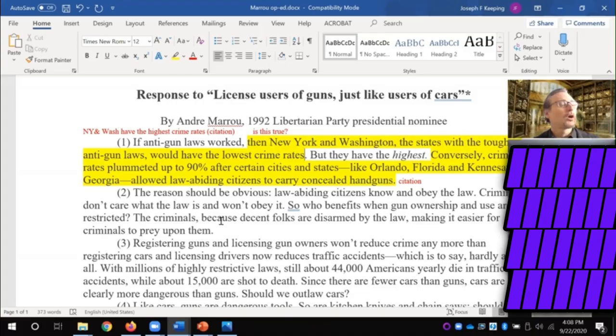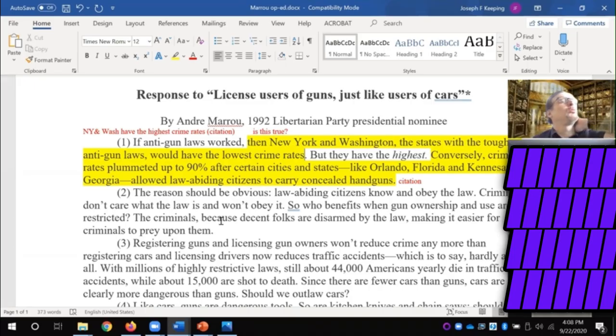Because what kind of crime rates is he talking about? Most crimes are not violent. Most crimes don't involve guns. I wish I had some statistics now for the percentage of felonies, even just major crimes that involve guns. It's probably not all that high. Tax evasion is a crime, and it doesn't have anything to do with guns.